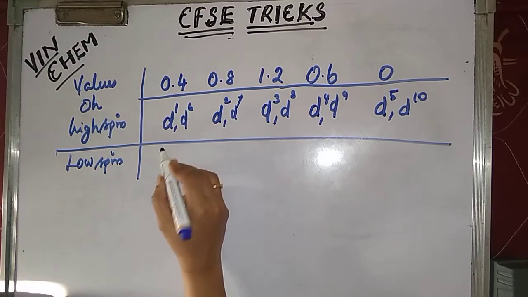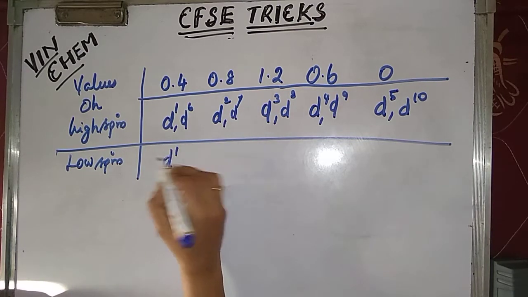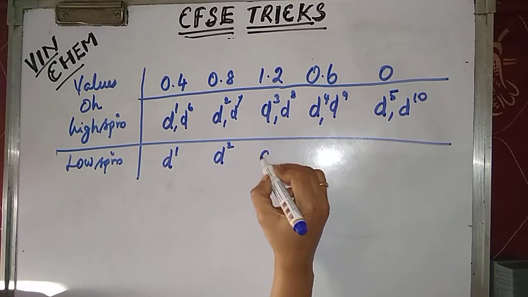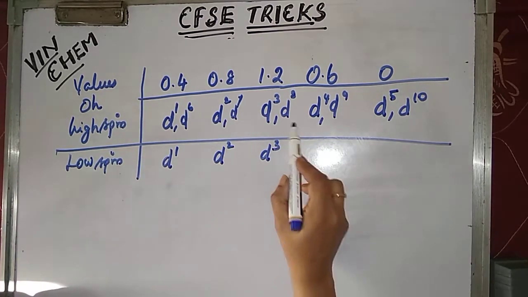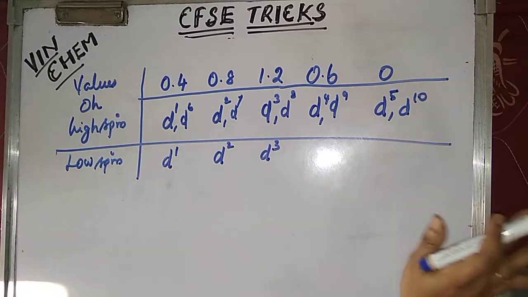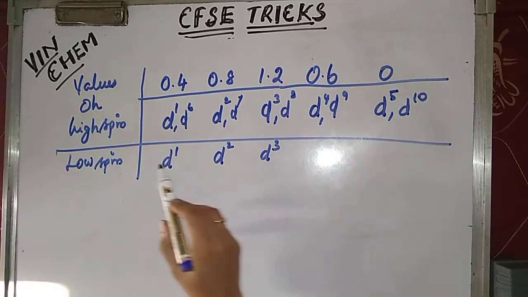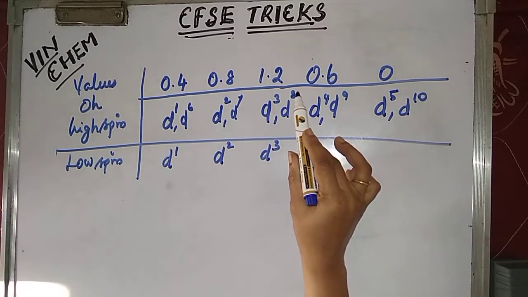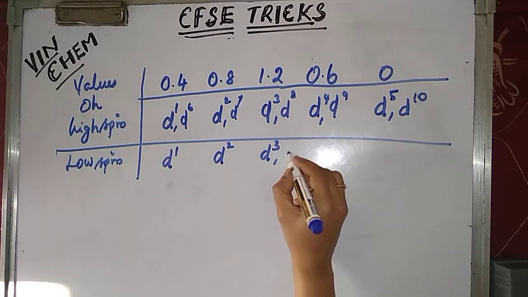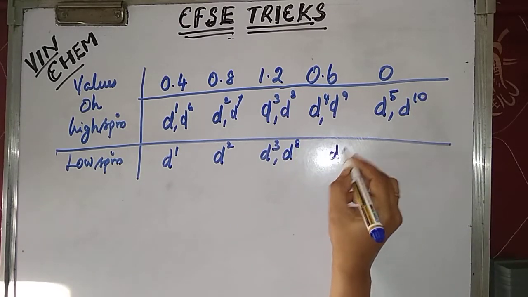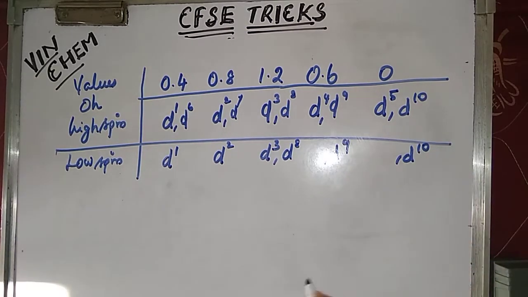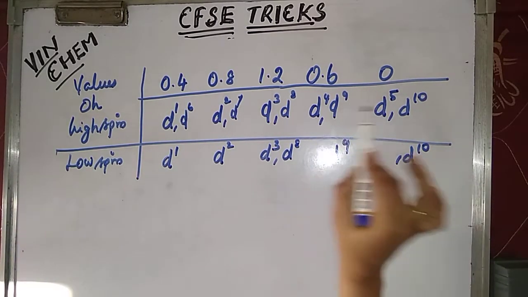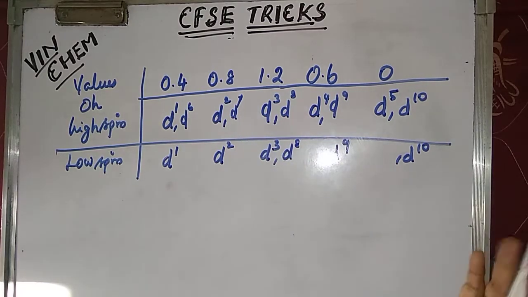The d1, d2, d3 values are the same, and the first 3 and the last 3, d8, d9, d10, have the same values. There is no difference in that. But d4, d5, d6, d7 have different values.